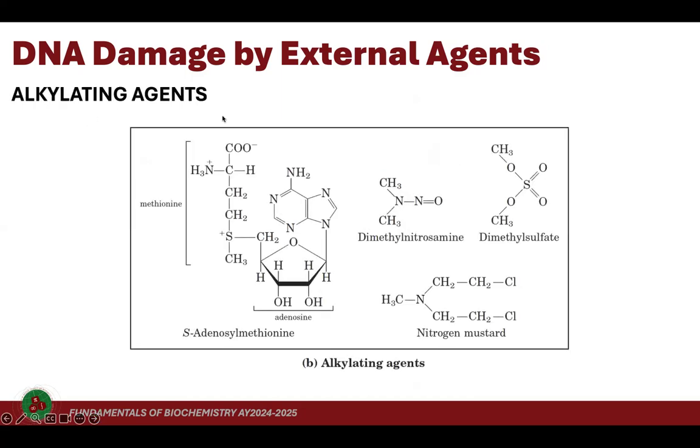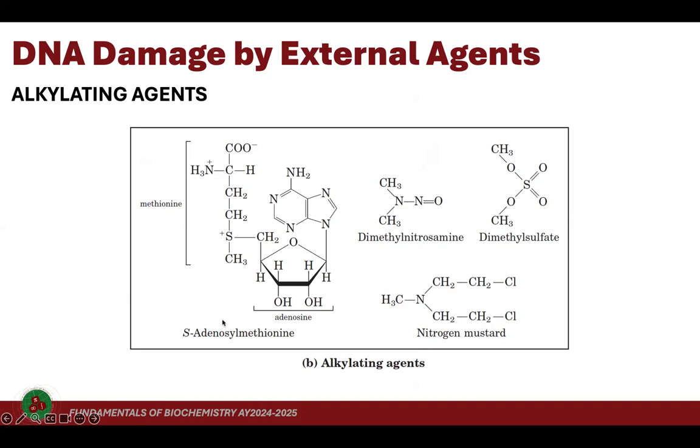Next are alkylating agents. Alkylating agents introduce alkyl groups, commonly methyl groups, to your nitrogenous bases. Here are examples of alkylating agents: dimethyl nitrosamine, dimethyl sulfate, and nitrogen mustard, which is actually a chemical used in chemical warfare.